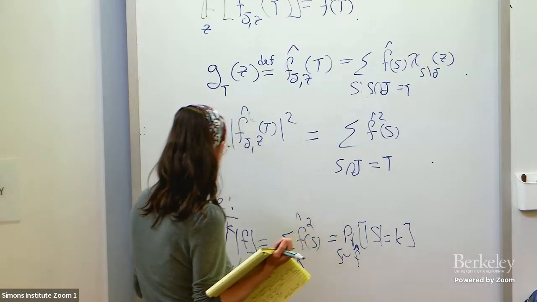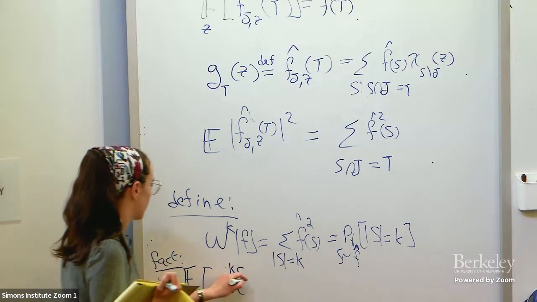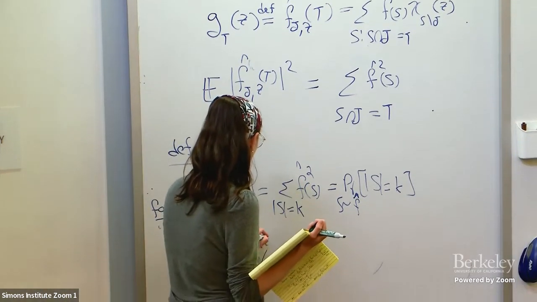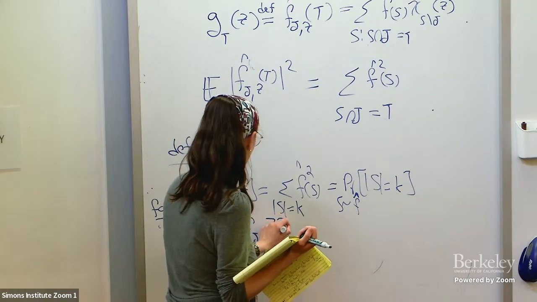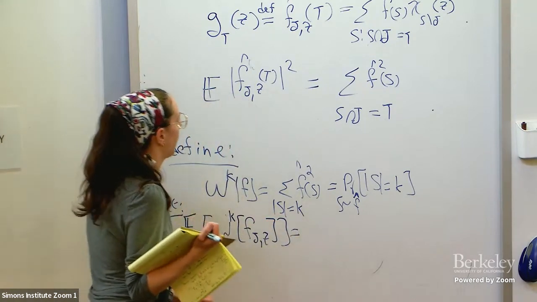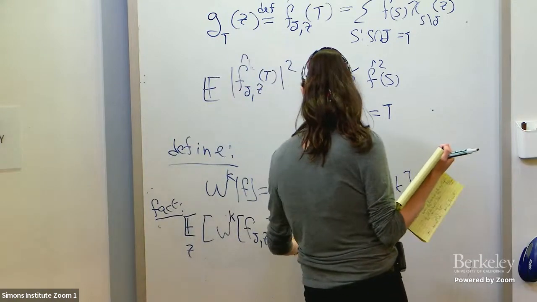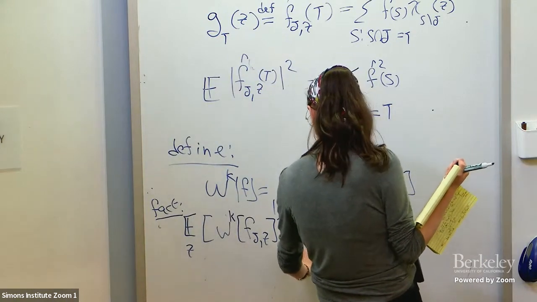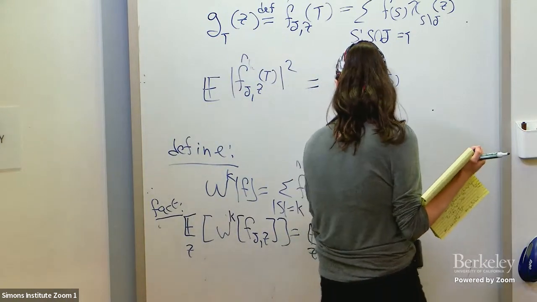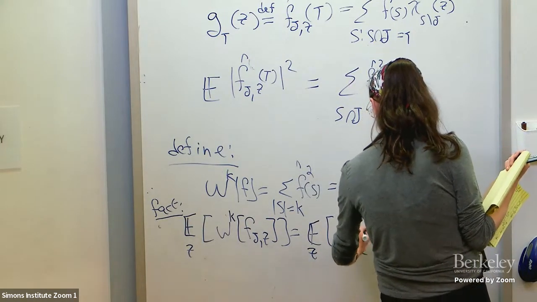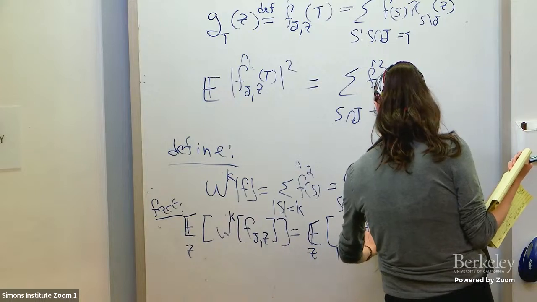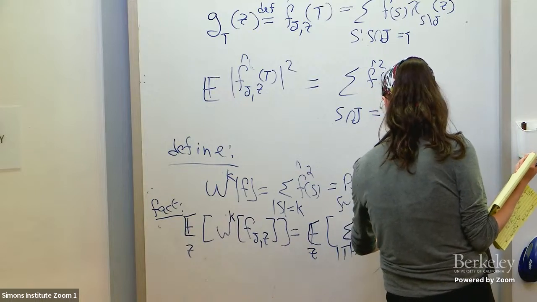Okay, let's see what the level K weight of the restricted function is. We take expectation over z. This is just calculations. The summation over all T of size K, this is by definition.